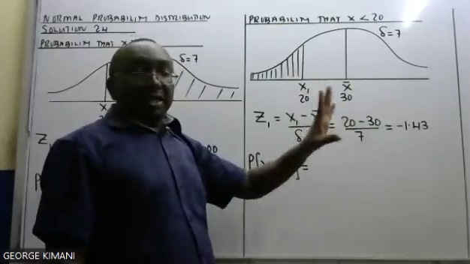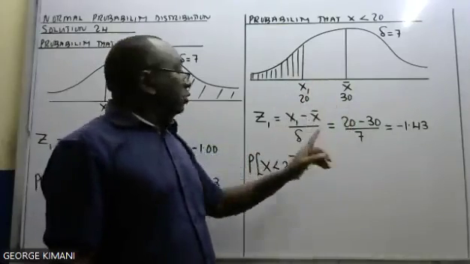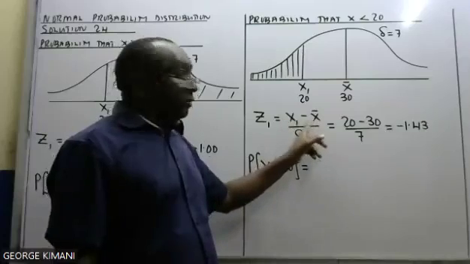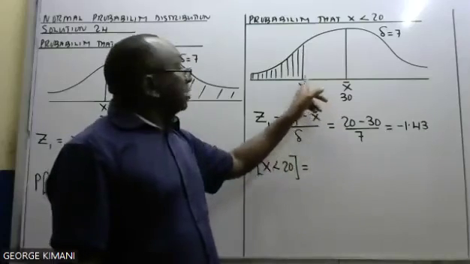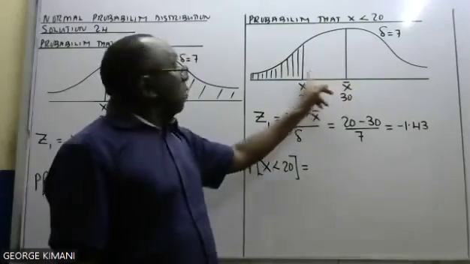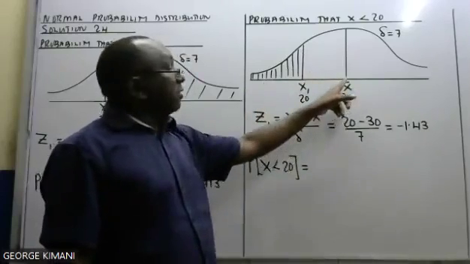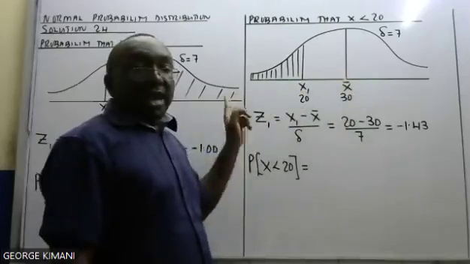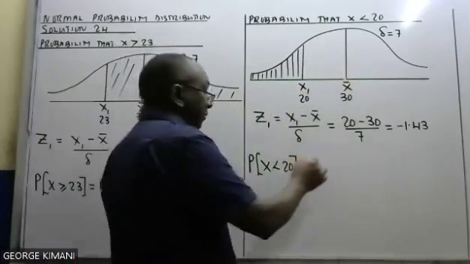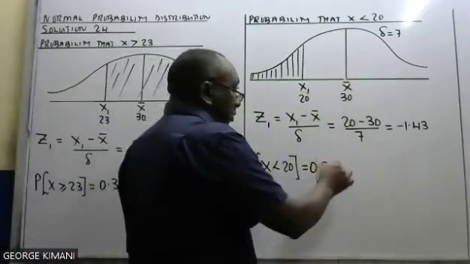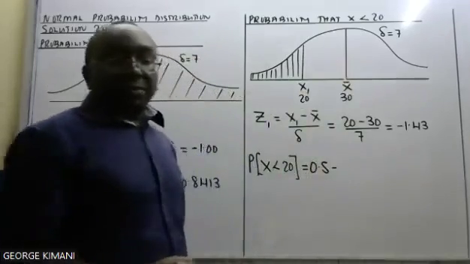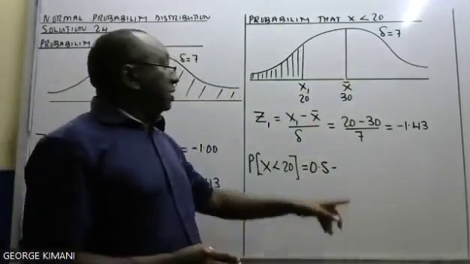I told you the probability is always between the numerator here, this interval. Now, this is not what we want. We want the lower side. But we know so well that from here all the way to the end, it is 0.5. So we must then say 0.5. You subtract what you are going to read from the tables.